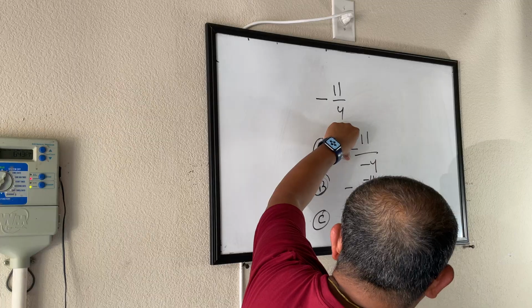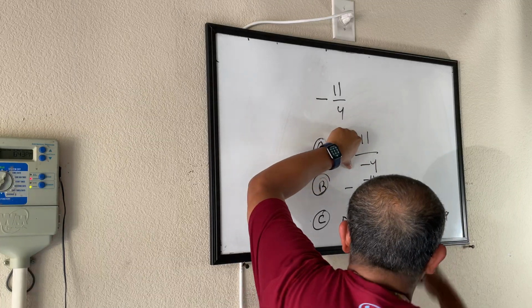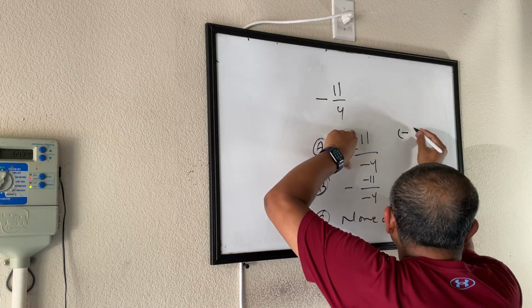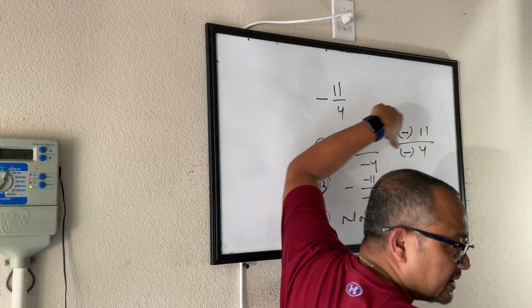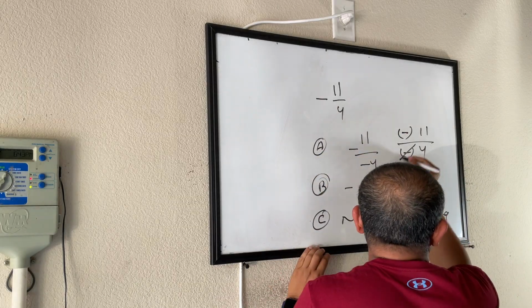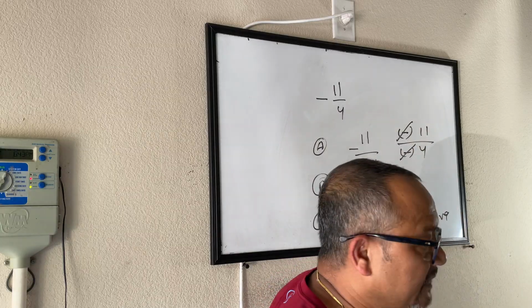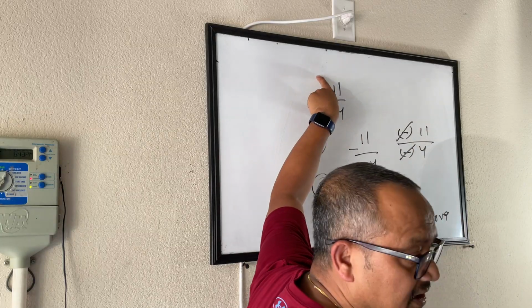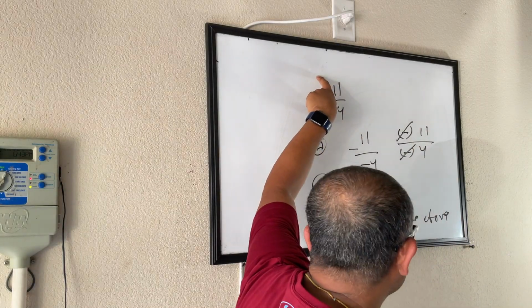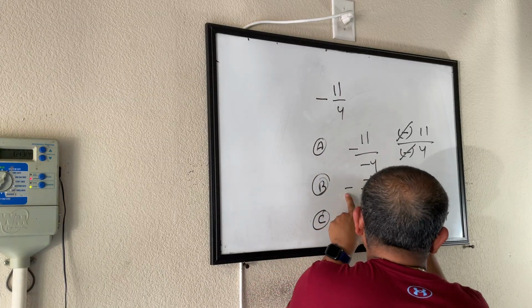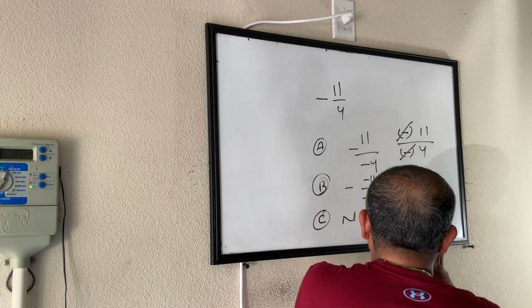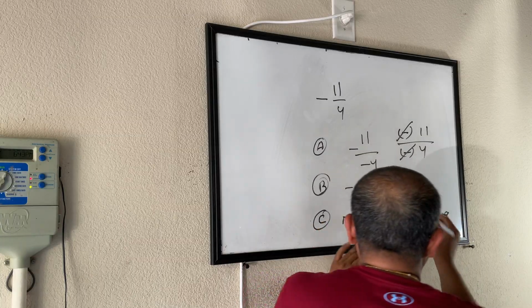Now, as you guys said, A doesn't seem to be an option because if I look at this, it is nothing but minus of 11 by minus of 4. And if I do tic-tac-toe, this and this are gone. I have 11 by 4, which is not matching with the one I am trying to compare with. So this is certainly not an option. Look at this one. Whatever I have, I am writing in the simplest possible form. I am not doing any calculation here.